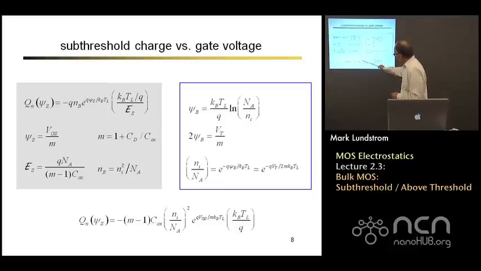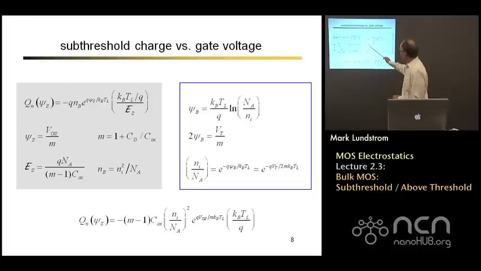So if I look at this parameter Ni squared over Na, that looks vaguely familiar. Think about that. What is that? We've seen something like that before. Where we've seen it before is this parameter psi b. That was related to Na over Ni, so the inverse of that. And we remember that when we bend the bands to psi b, that happens at the threshold gate voltage.